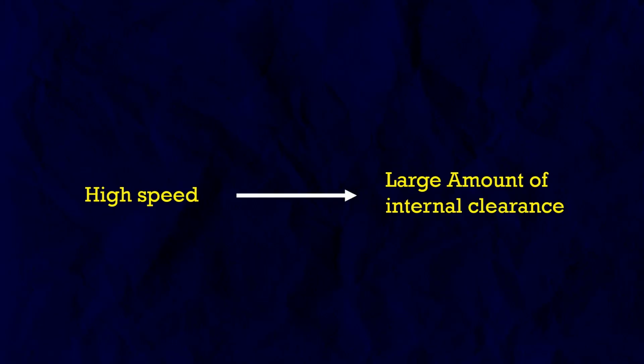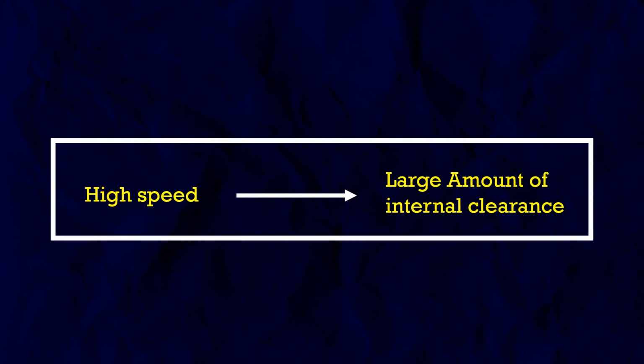The second reason is that when the bearing runs at high speed, heat generates and as a result thermal expansion happens. So we need some clearance to compensate for the thermal expansion. So as a design engineer, for high speed application, we should go for a high internal clearance bearing.